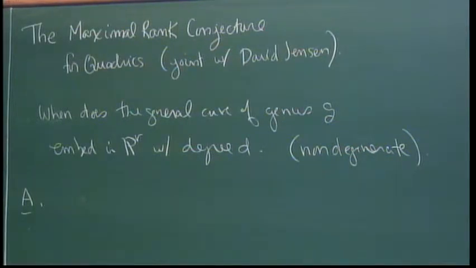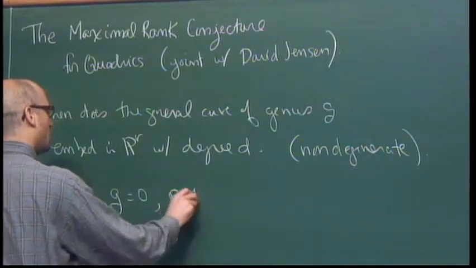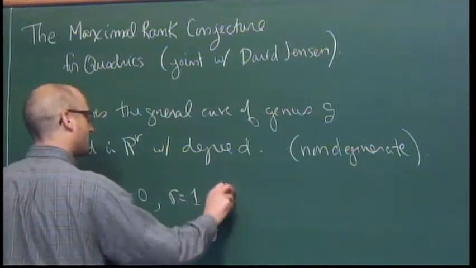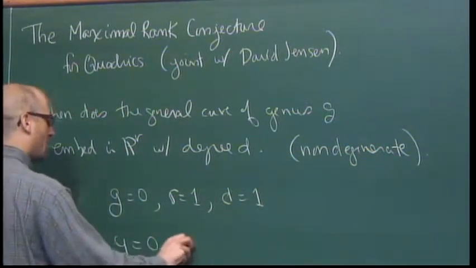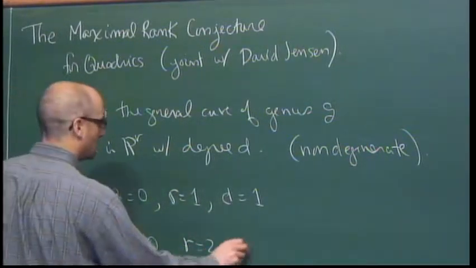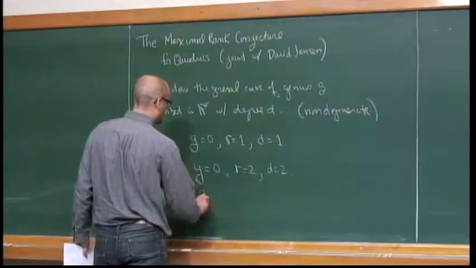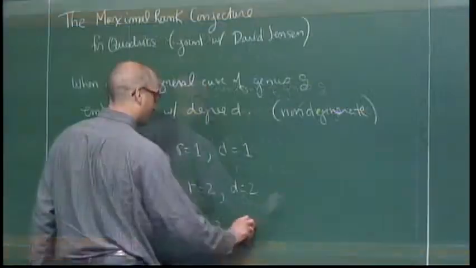So we could start with low genus cases. If we take g equals 0, r equals 1, well, the line embeds in the line with degree 1. And now P^1 also embeds in the plane with degree 2 as a smooth quadric. Now a genus 1 curve, we all know all genus 1 curves embed in the plane with degree 3.